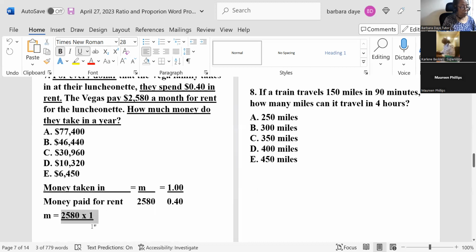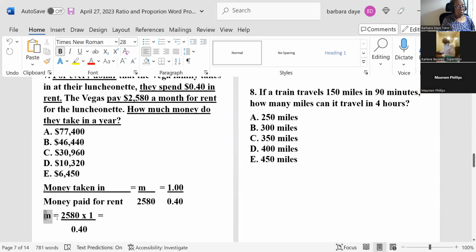Now, when you solve that, what did you get? 2580 divided by 0.40.